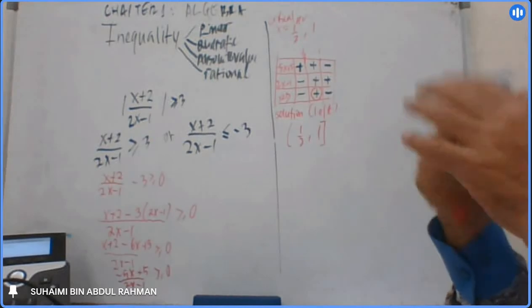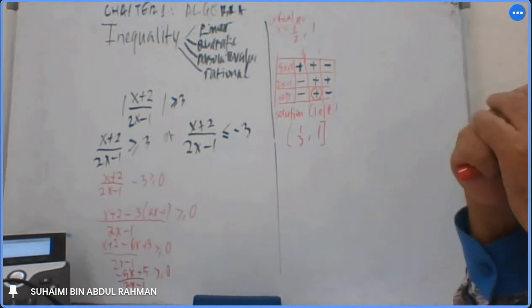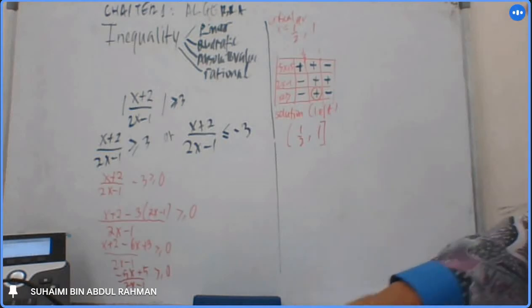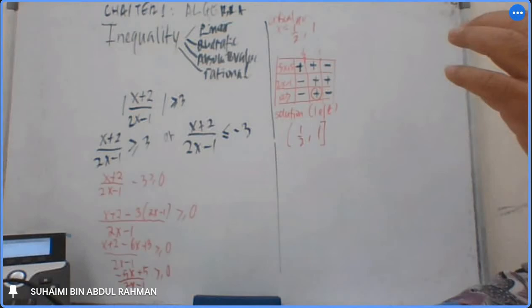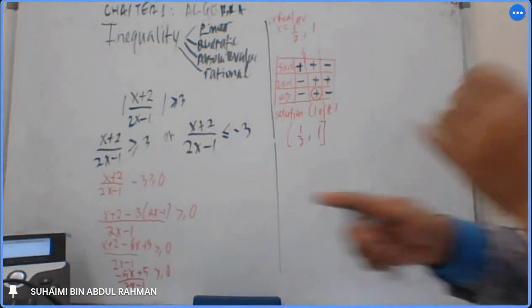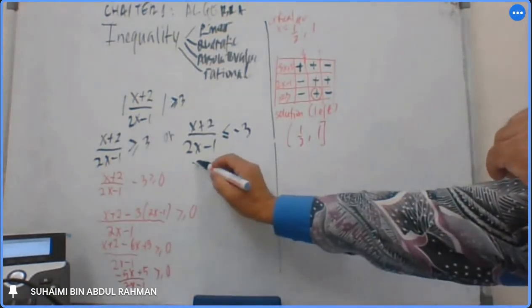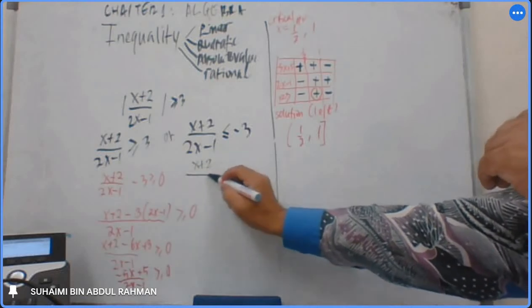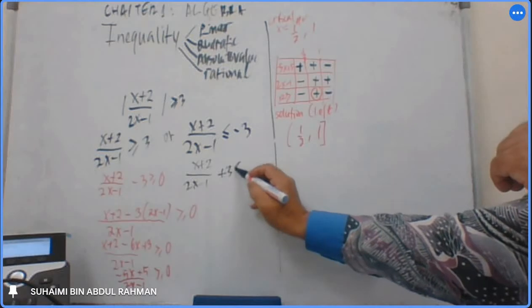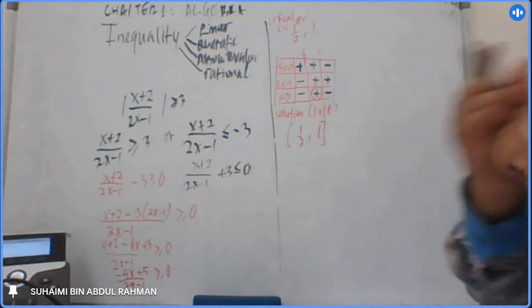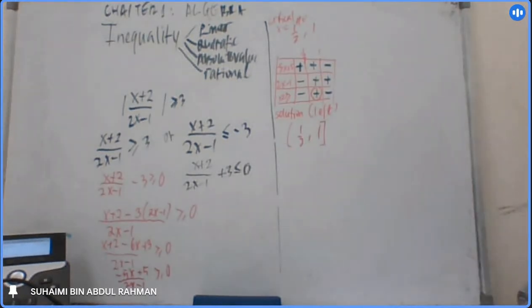Now we go to our right, same as when we solve for left. X plus 2 over 2x minus 1 plus 3 less than or equal to 0, by bringing minus 3 into the left hand side.